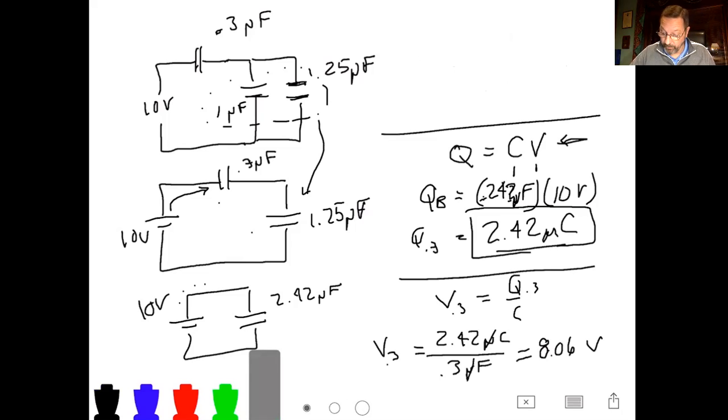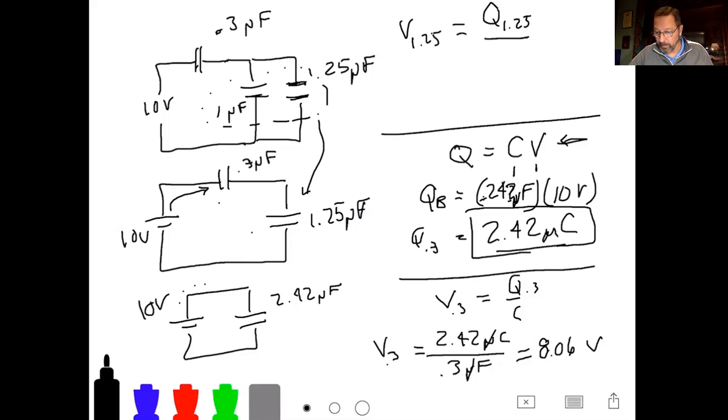But we could still do the same thing. The voltage across the 1.25 microfarad capacitor is equal to the charge on the 1.25 microfarad capacitor divided by the capacitance, which is 1.25 microfarads.